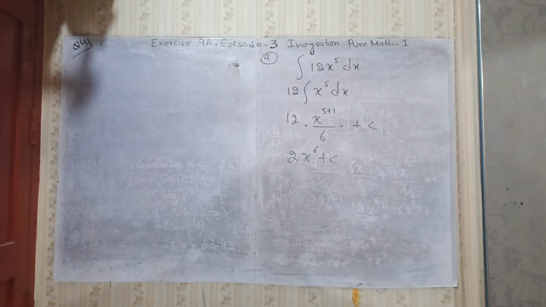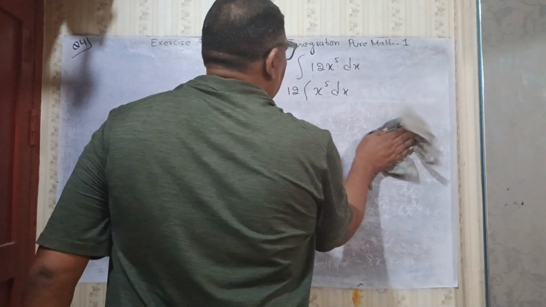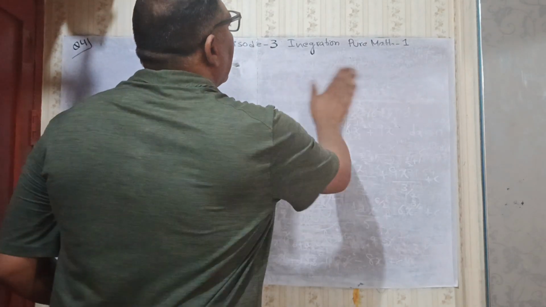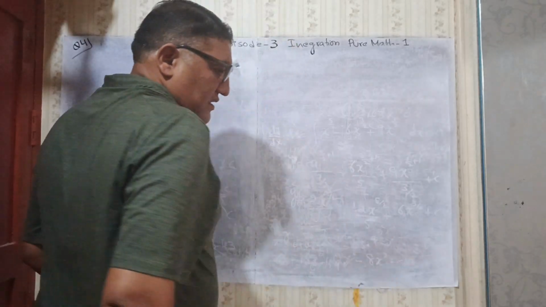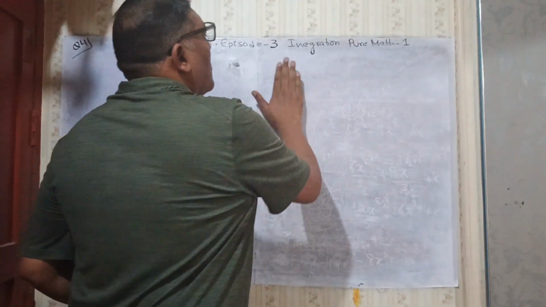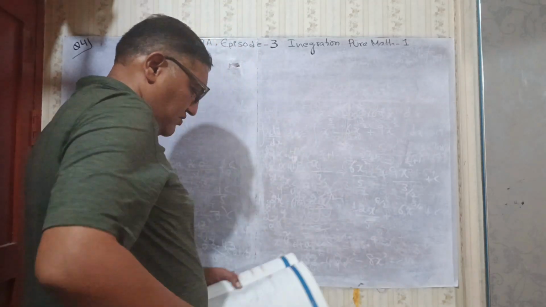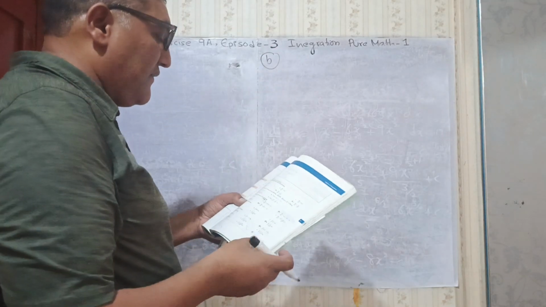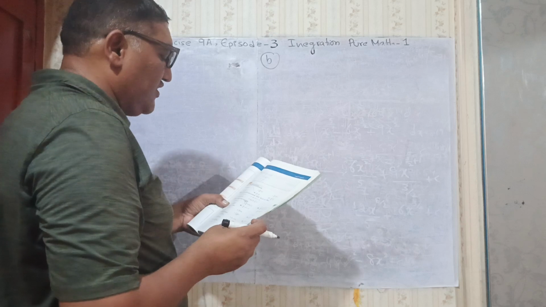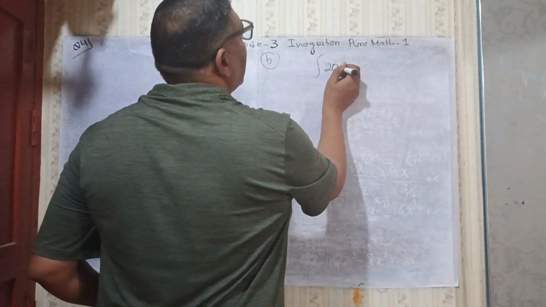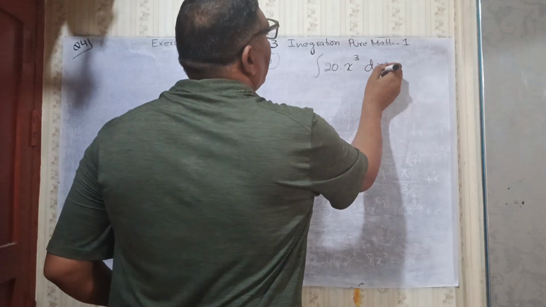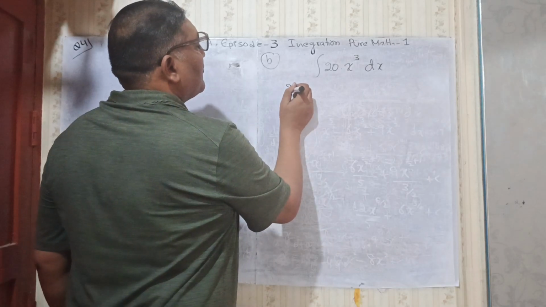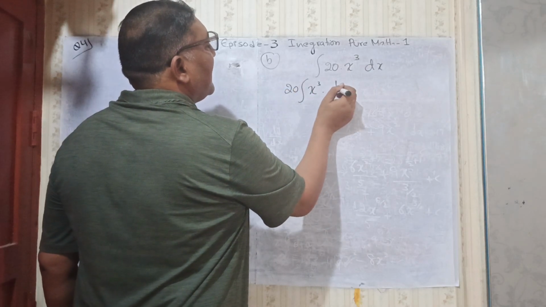Let's do the next one, question 4, part B. Here we have the integration of 20x raised to power 3 dx. The 20 will come outside, and then you will have x cubed and its dx.